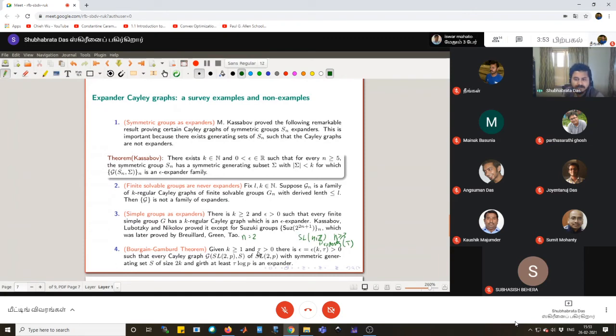But this was a long-standing question which people were thinking about: whether there is any intrinsic method of proving the existence of an expander family in such groups without resorting either to property T or to Selberg's theorem, if there is any direct method.